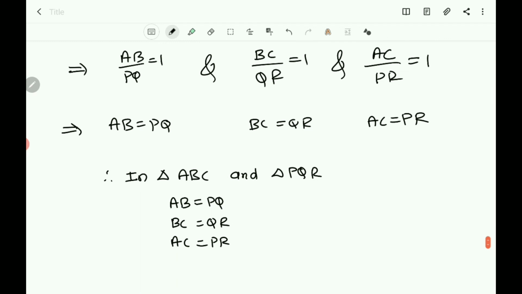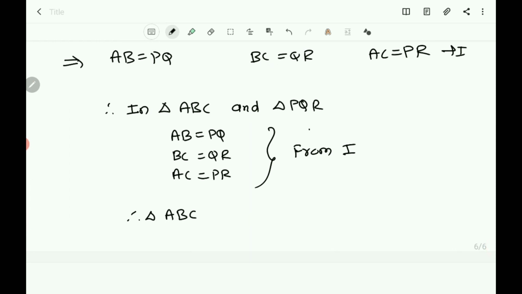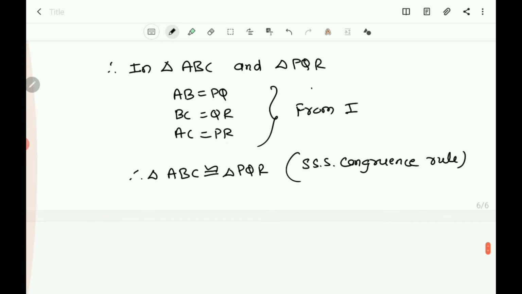So if all these are equal to 1, then from 1 you can write, therefore triangle ABC is congruent to triangle PQR. Which congruence rule? SSS congruence rule it is. So you got that.